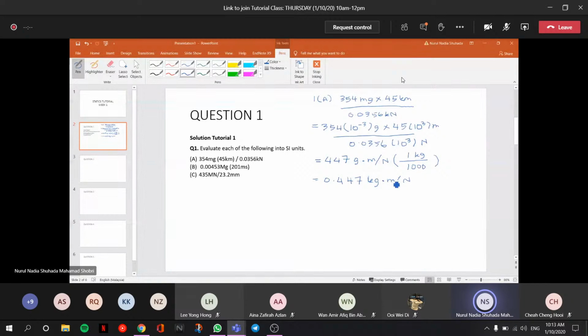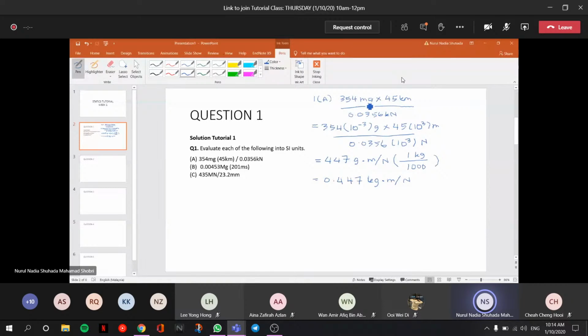So between SI unit to the other SI unit, it is advisable to add dot so that other people would know that this means kilogram meter. If you guys don't put the dot like here, usually people would interpret the m here as the prefix, so it would be like milligram.